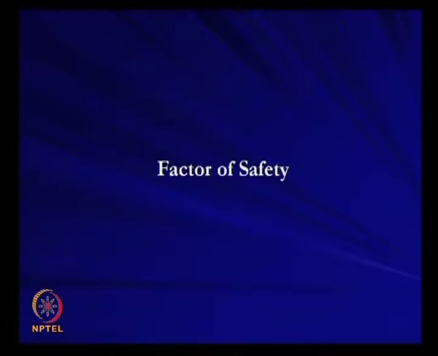Now, first, before we start the different methods of bearing capacity analysis, in this section I will discuss the factor of safety, how to apply the factor of safety on ultimate bearing capacity to determine the allowable load carrying capacity of the soil.